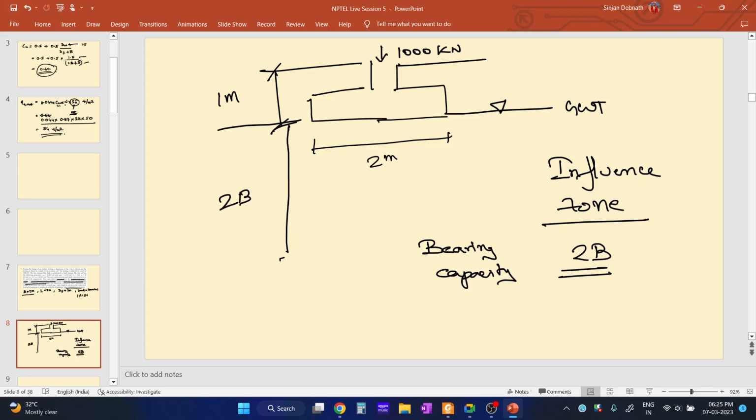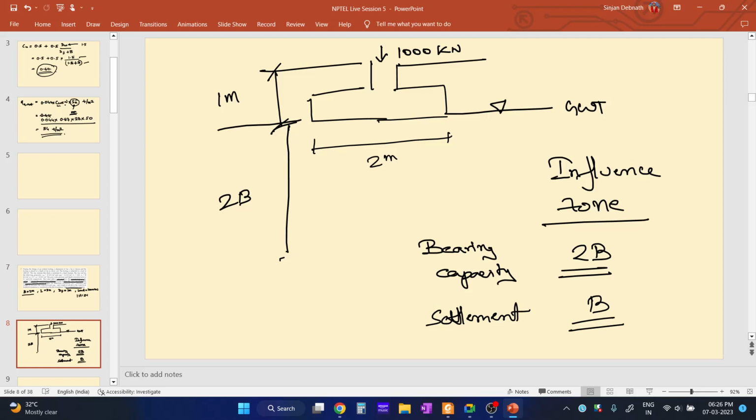And for settlement problems, that means if you want to find the settlement of this footing, the influence zone is b, that is, a distance b from the base of the footing. So for bearing capacity problems it is 2b, for settlement problems it is b.